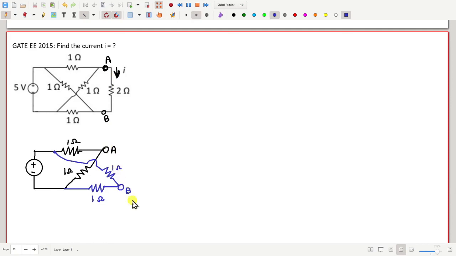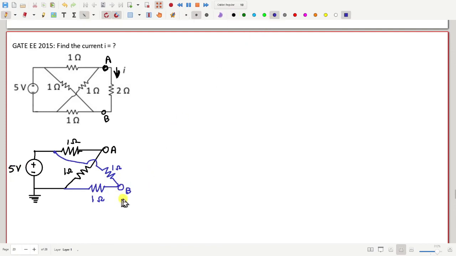Can you tell me how much is the Thevenin voltage between A and B? Anyone? Suppose I consider this as the reference node here, then how much is the voltage at node B? This is 2.5 volt.